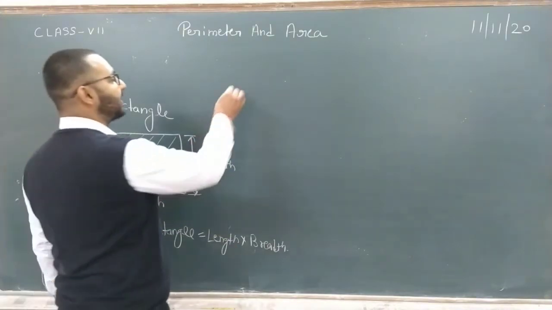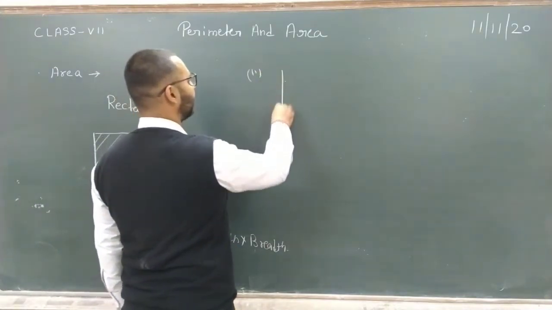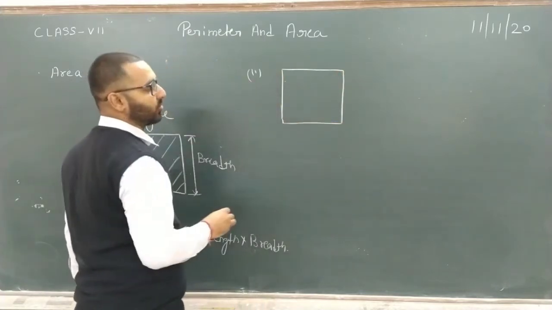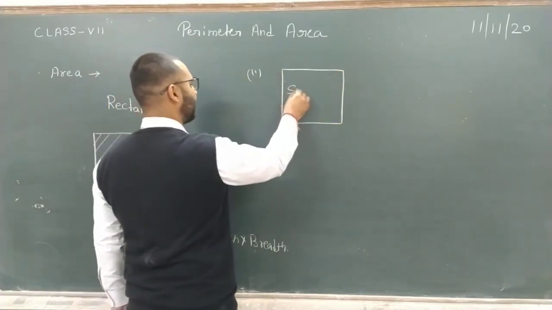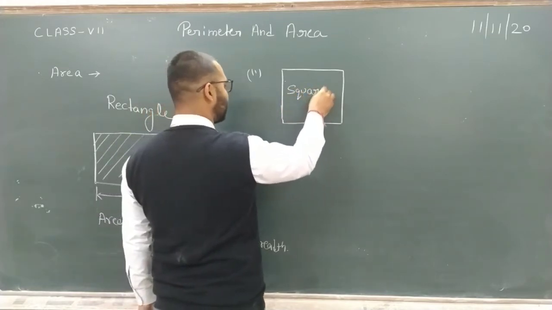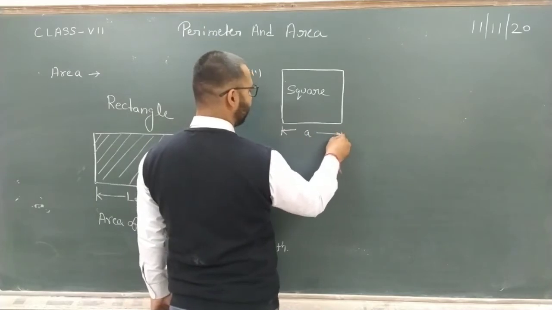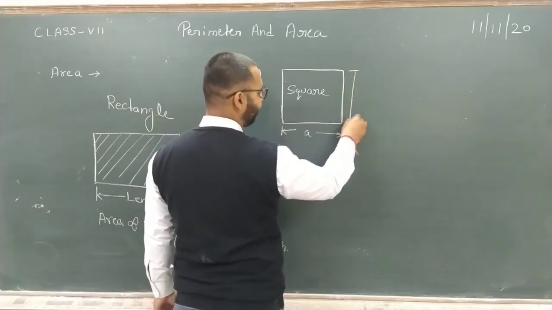Fine. The second shape which I will take is the square. In a square, as you all know, all the sides are equal.